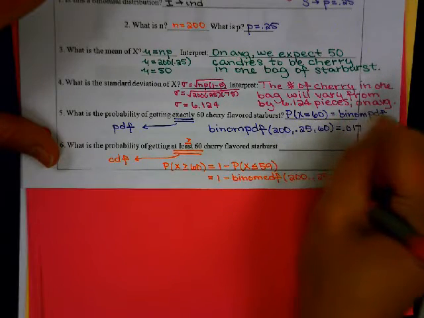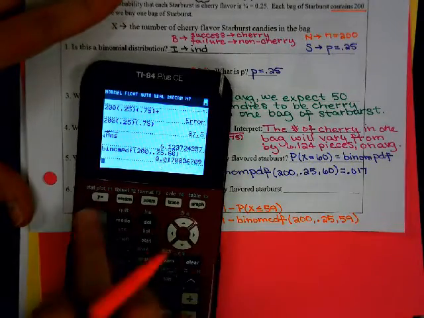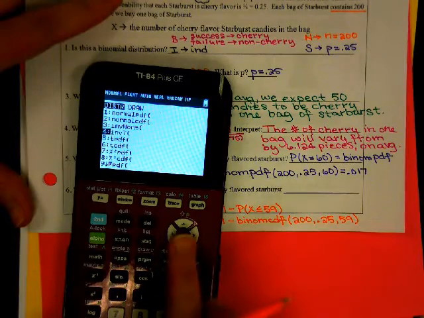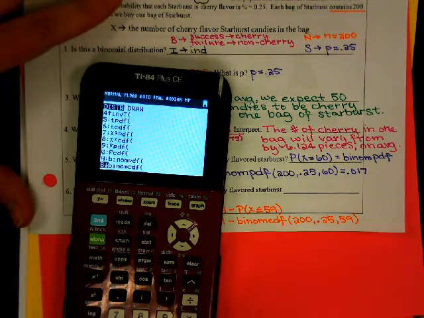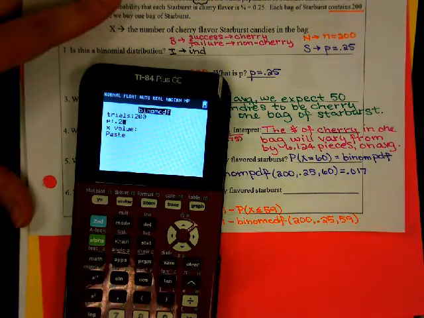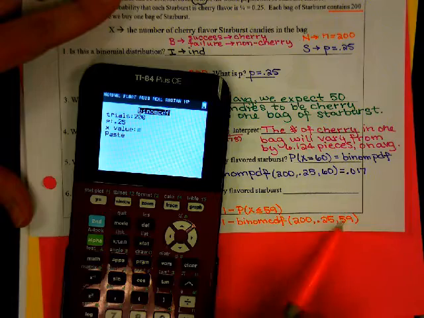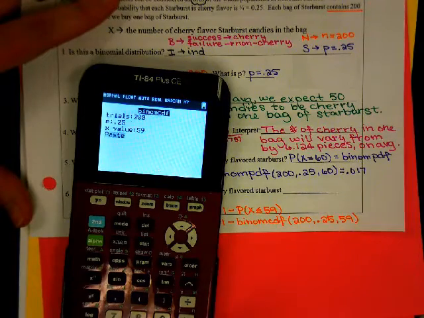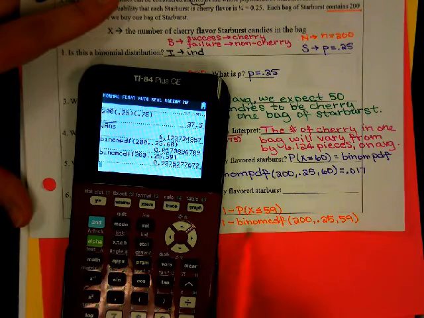So we're going to go second bars, keep going down, and this one is B. 200 trials, probability of success, and we're interested in 59 because we have to drop down. So that's binomial CDF right there. But to find the probability x is greater than or equal to 60, I have to do 1 minus that answer.